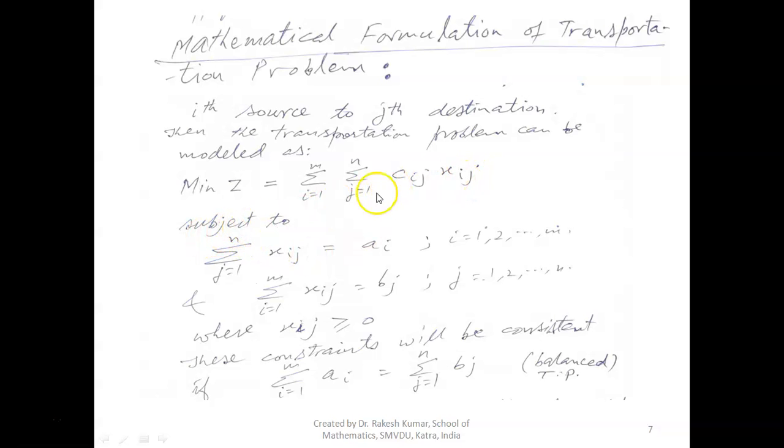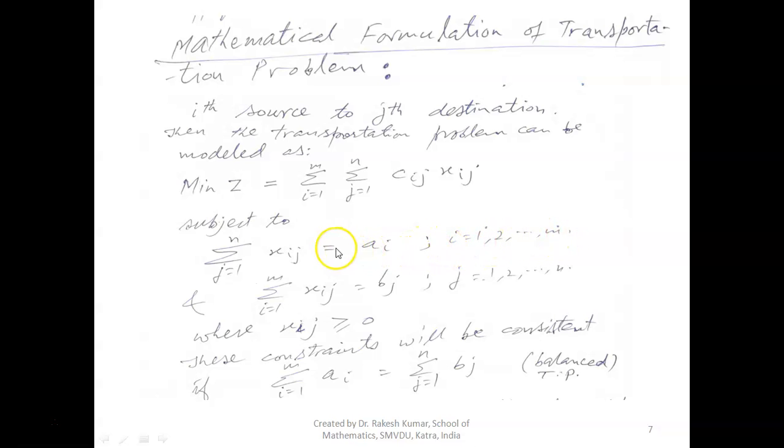Then it is subject to certain constraints. What are the constraints? The first type of constraints are supply constraints, and the second type of constraints are demand constraints. So summation j from 1 to n Xij is equal to Ai, where i is from 1 to m.